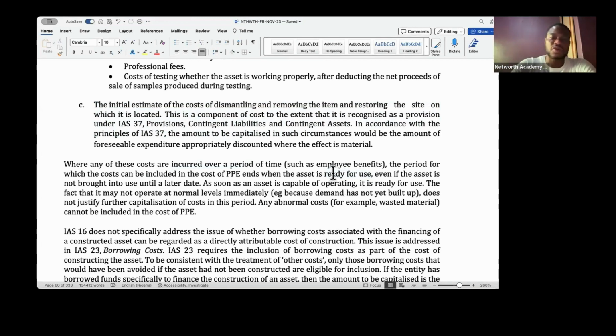And again, if when you are constructing the asset, there was some wastage of material, you don't add it as part of the cost of the asset, that should definitely be expensed.